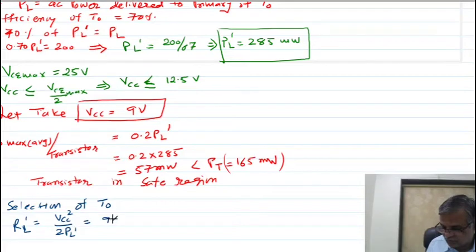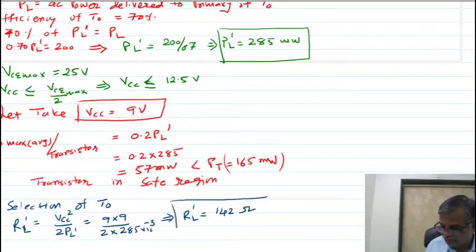VCC I decided to take 9 volt. So 81 upon 2 PL dash is 285 into 10 raised to minus 3. From this, if you calculate the value of RL dash, it comes to 142 ohm.